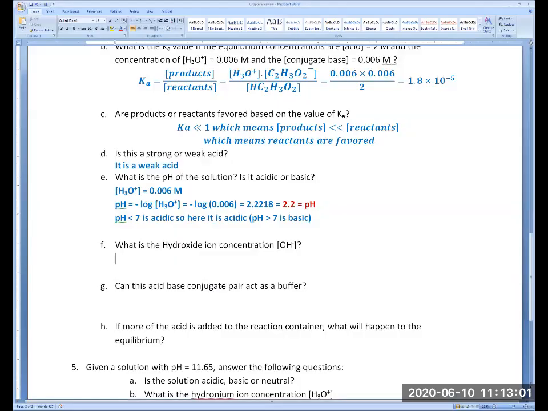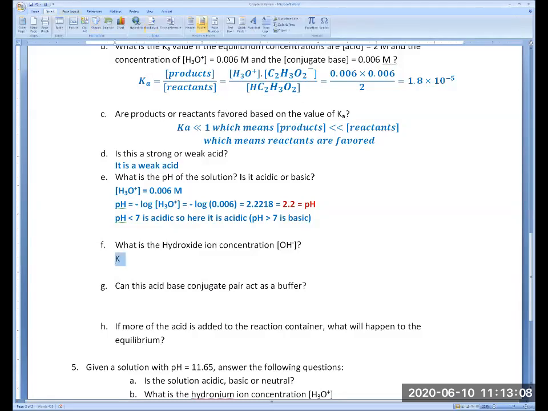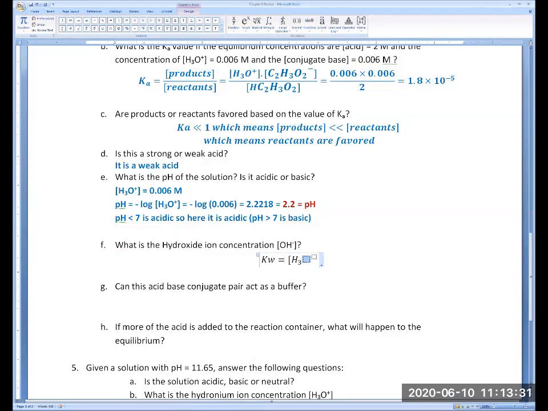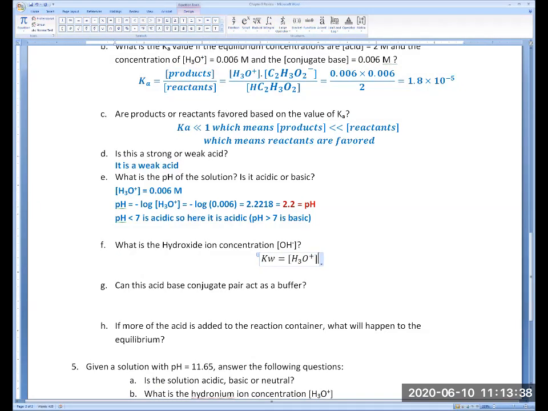Kw is the concentration of H3O plus times OH minus, and this is equal to 1 times 10 to the negative 14.